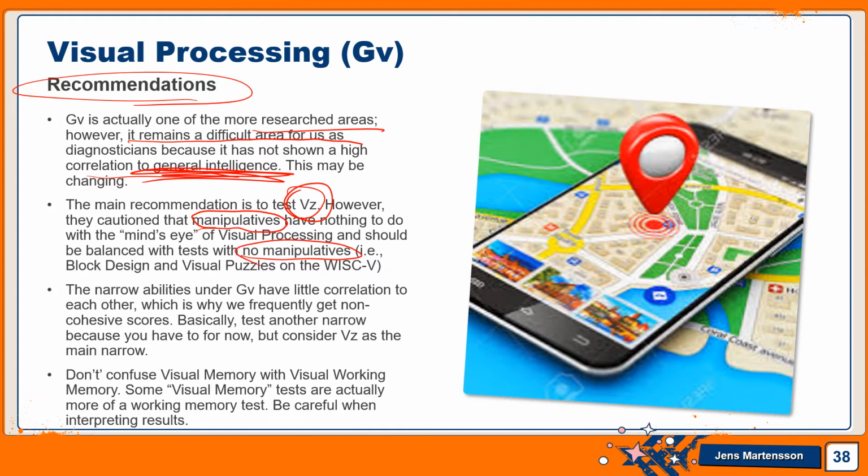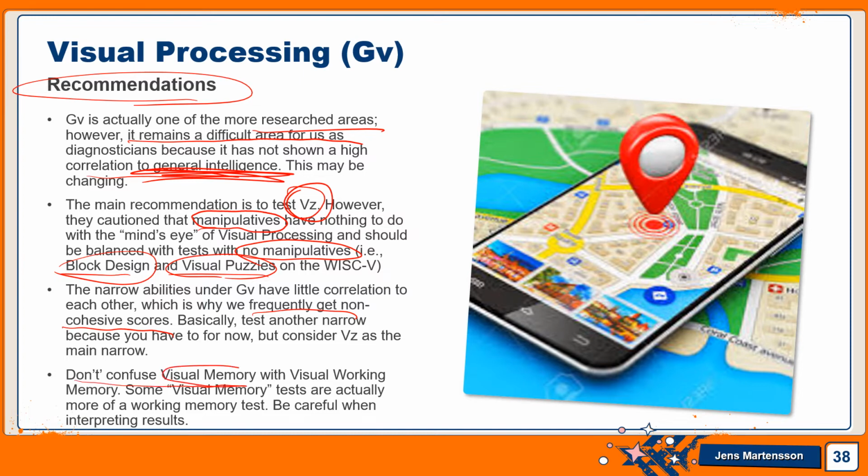So the WISC has block design and visual puzzles. One has manipulatives, one is just pictures. The narrow abilities under GV have little correlation to each other. So even the narrows don't correlate to each other, which is why frequently you get non-cohesive scores when you do GV. That's always a hassle.